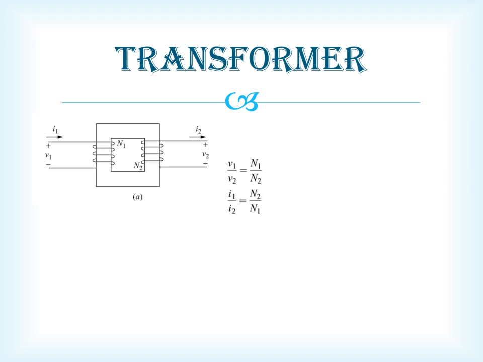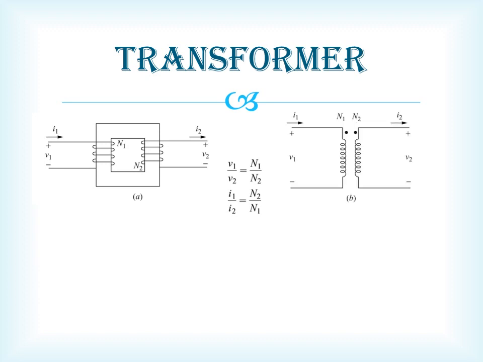The relationship between V1, V2 and N1, N2 is directly proportional, that is V1 upon V2 is equal to N1 upon N2, whereas I1 upon I2 is equal to N2 upon N1.